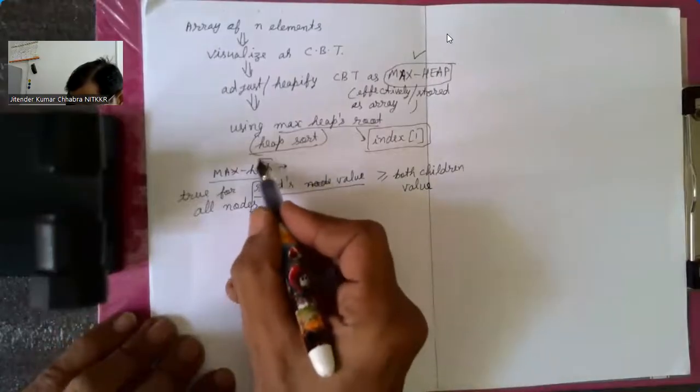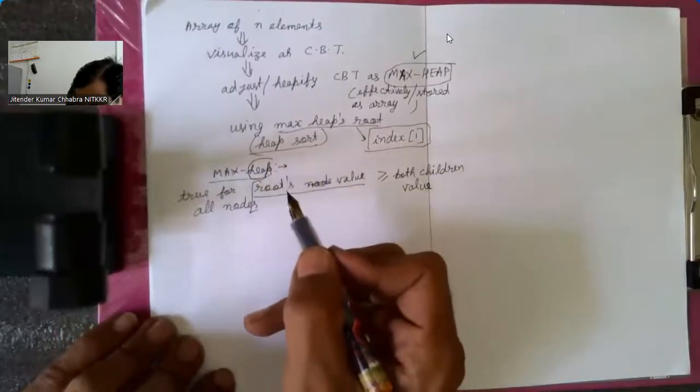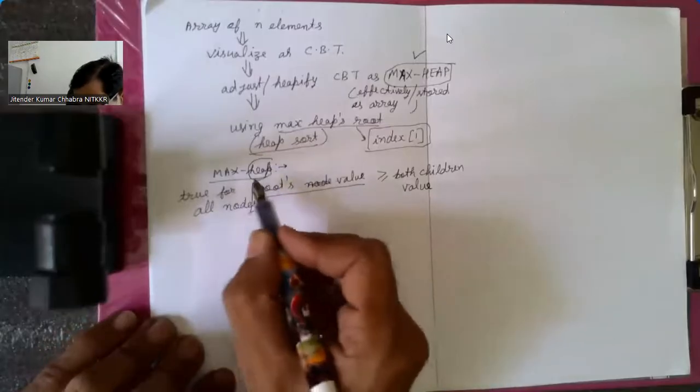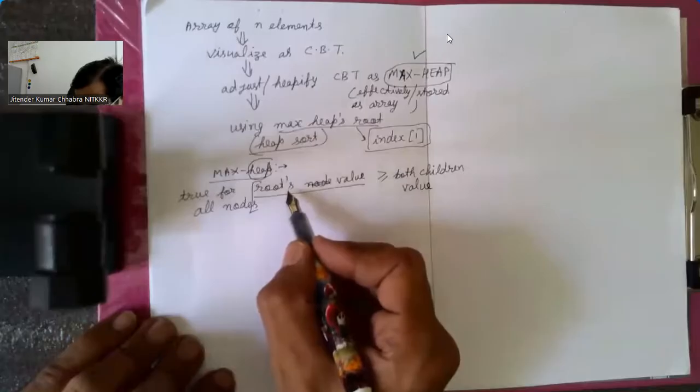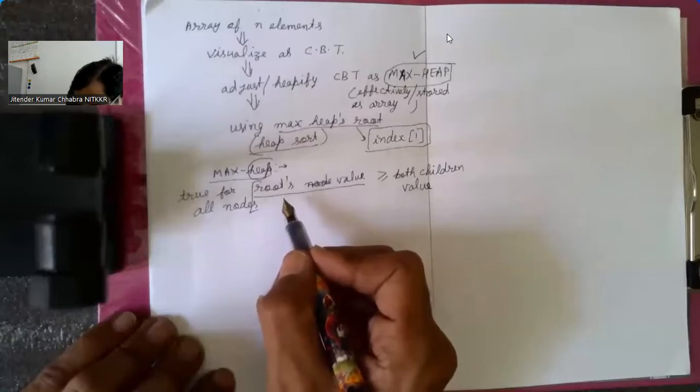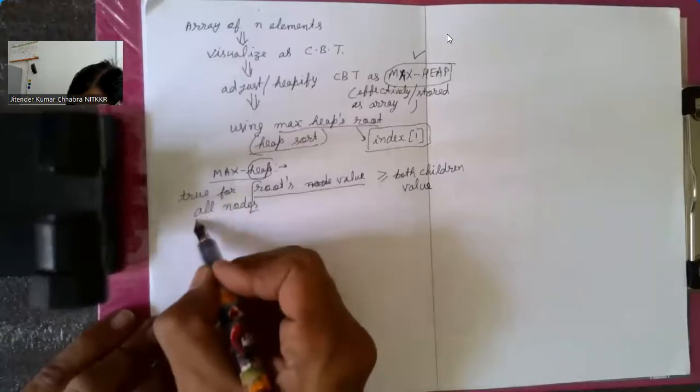So a heap effectively means the root follows a value behavior compared to its children. Max heap means the root will have values greater than its children. Min heap means the root will have values less than or equal to its children. Not only that, it is applicable on all nodes.